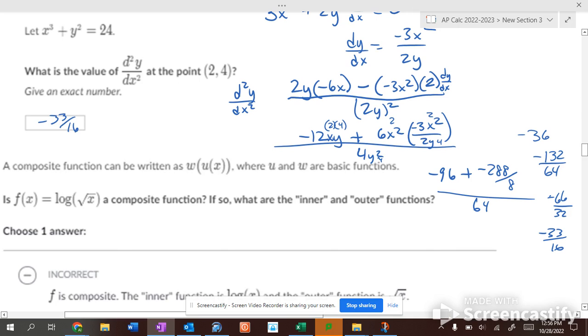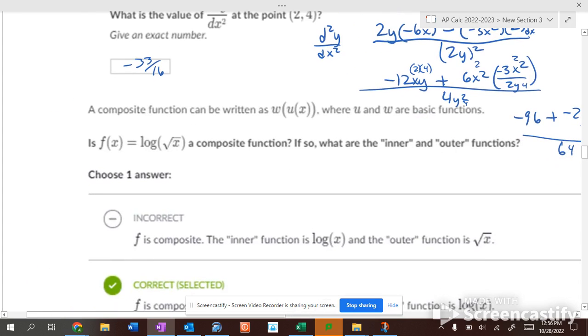What? We did that problem earlier, and I said negative 32 over 16. Mm-hmm.